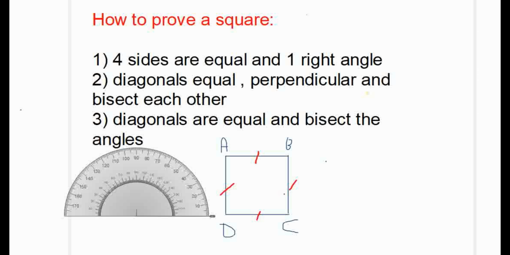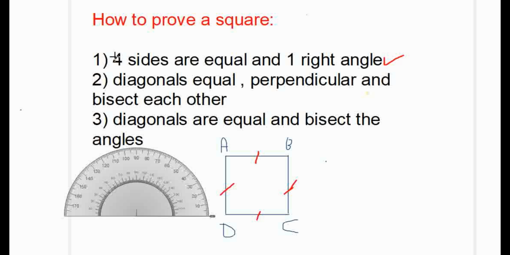We are sure that AB is equal to BC equals CD, etc. So if the four sides are equal, and we have one right angle, any right angle, so either A or B or C or D, it doesn't matter, then this is a square. So we need to have given about the sides and one angle.